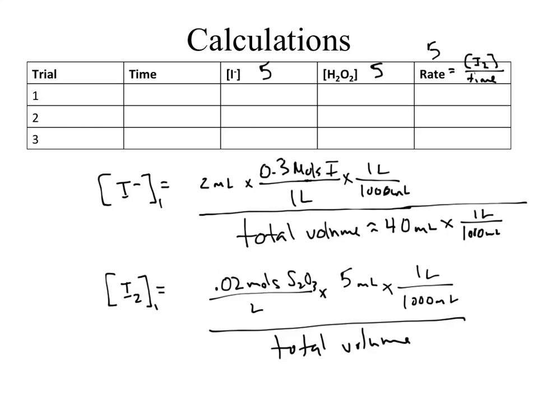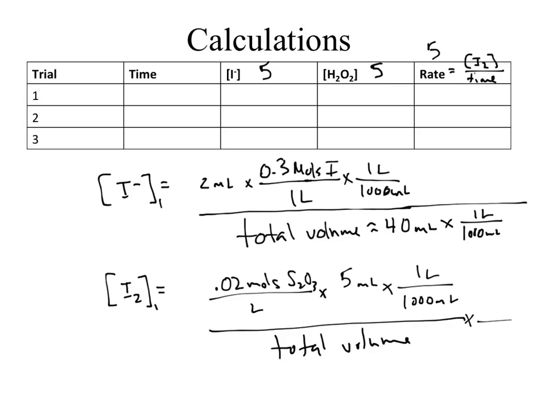Is the moles of thiosulfate equal to the moles of iodine? Let's phrase it another way. Does A equal B? Does the letter A look like the letter B? No. Okay, so we have to convert. How do we convert the moles of thiosulfate to the moles of iodine?